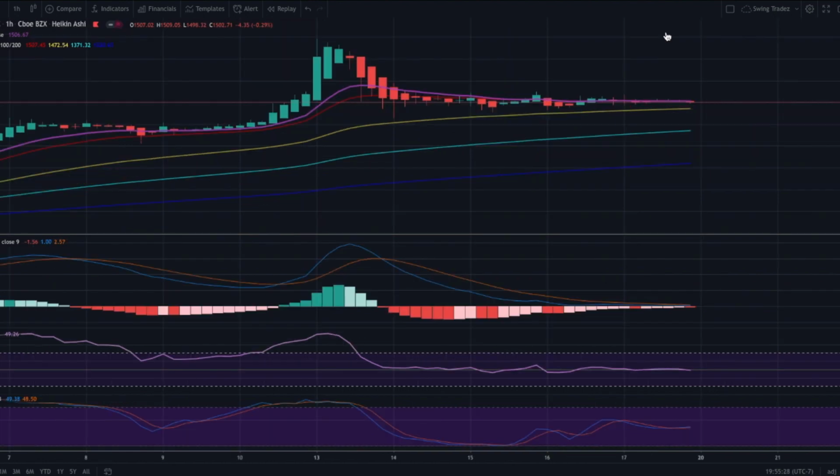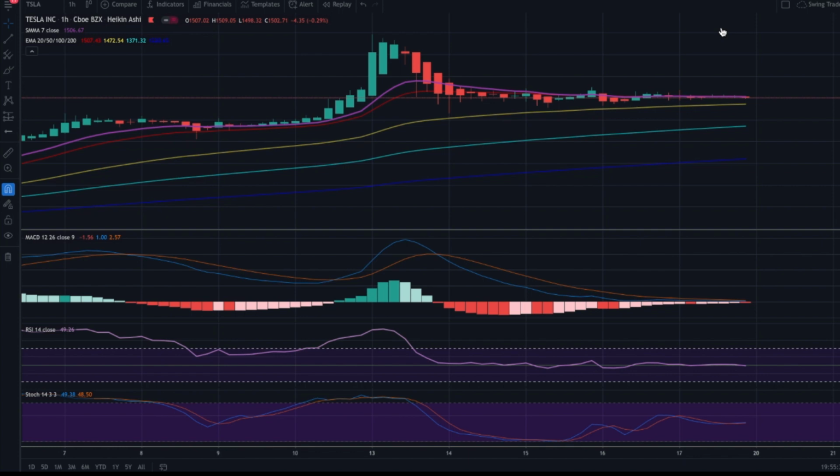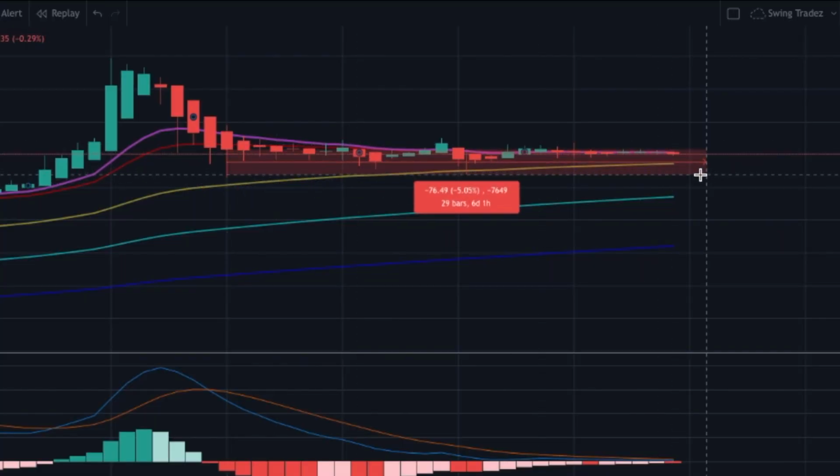I also want to provide a word of caution. When the price action is moving sideways and is flat, this method of buying and selling does not work very well. If we look here at Tesla, between July 14th through the 17th, there is very little price action.